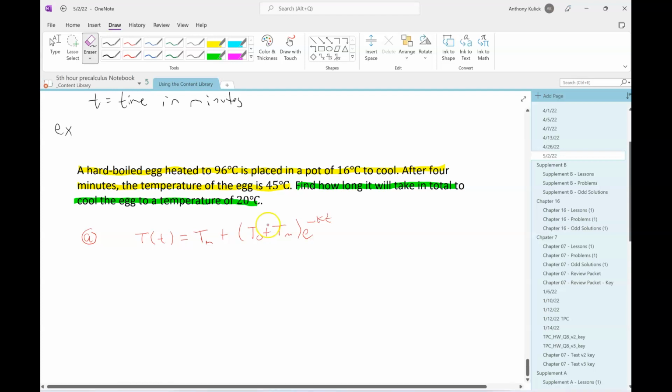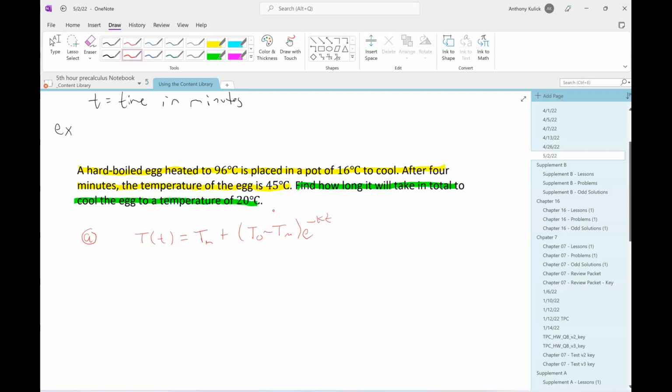Oops, that's a minus sign there. Okay. So let's start filling in values. The 96 degrees, where does that go?